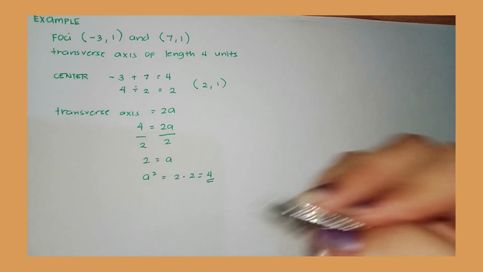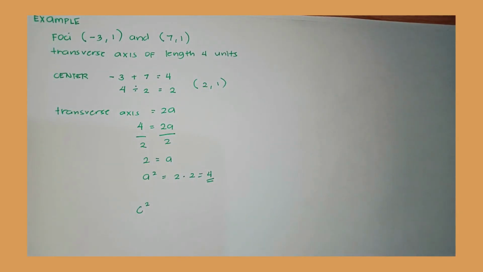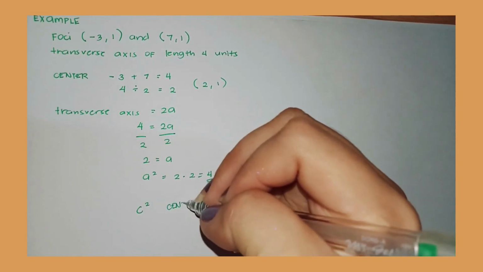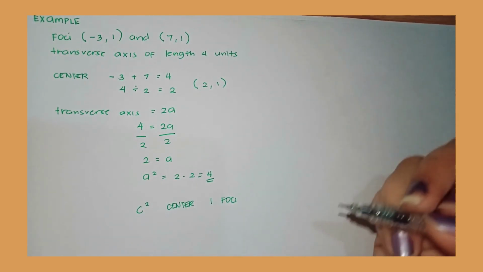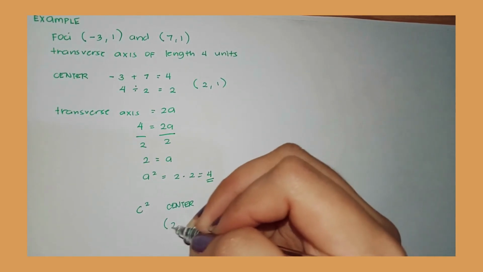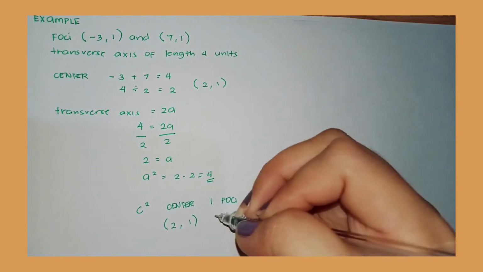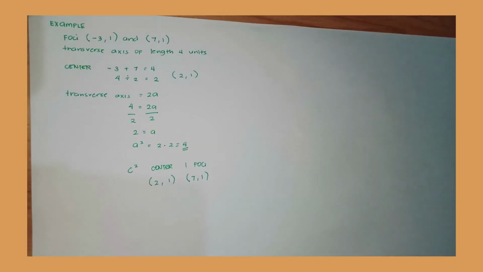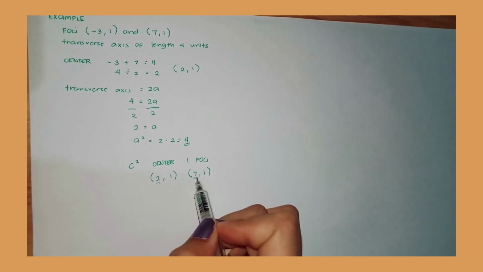Next, we need to find c squared. Para makuha natin yung ating c squared, consider natin yung ating center and 1 foci. Yung center natin is 2 and 1. Pili kayo ng isang foci. Gusto kong gamitin is 7 and 1. Ngayon, consider natin yung una. 2 and 7.